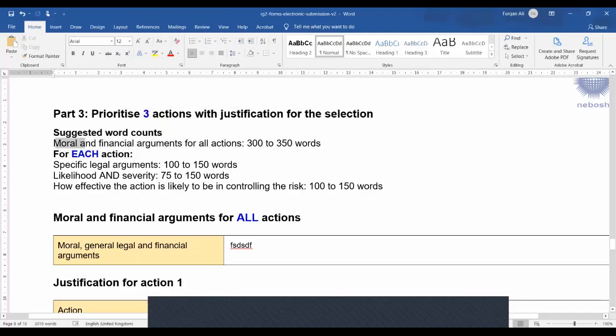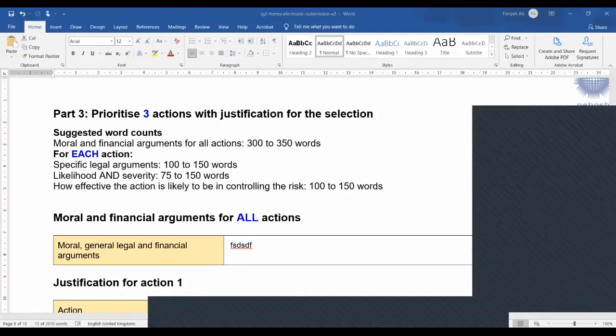First, you need to give moral and financial arguments for all actions, 300 to 350 words. Then for each action, you need to give specific legal arguments, 100 to 150 words. For each action, you need to give likelihood and severity, 75 to 150 words. And then how effective the actions are likely to be in controlling the risk, 100 to 150 words.